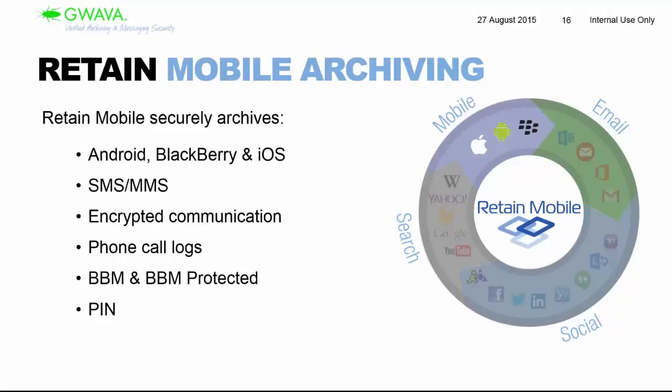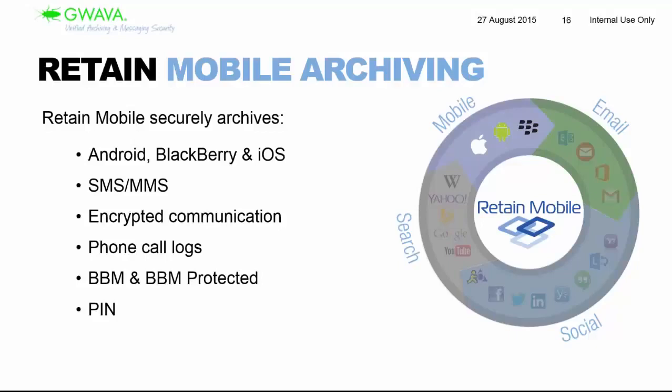That app will take all text messages, SMS, and all multimedia messages, MMS, so pictures that are sent, right? It will take those off the phone and push them to Retain, via the Retain collector is what we like to call it.